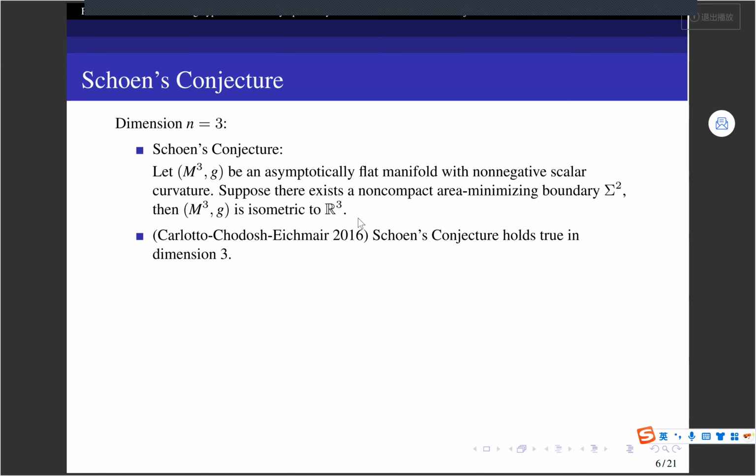In light of this result, it is natural to ask whether a similar thing holds in higher dimensions. That is to say, if a higher dimensional AF manifold with non-negative scalar curvature contains an area minimizing boundary, is it necessarily isometric to the standard one?